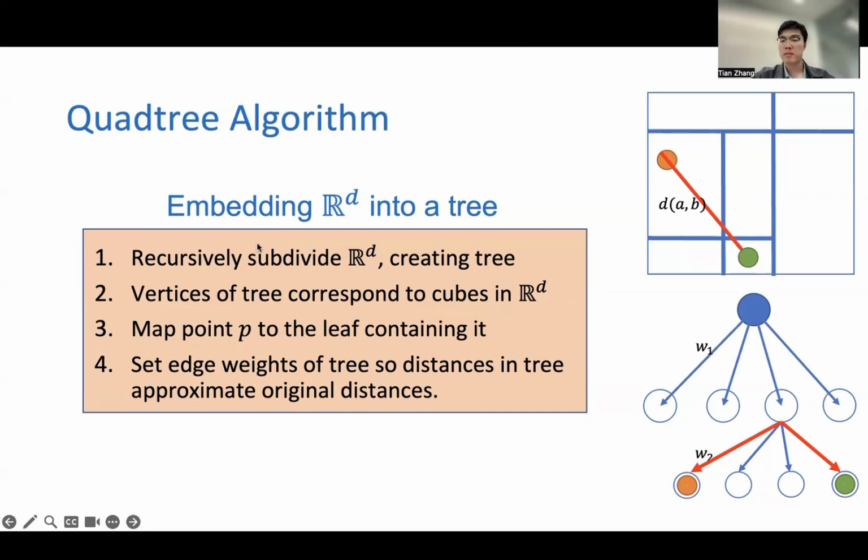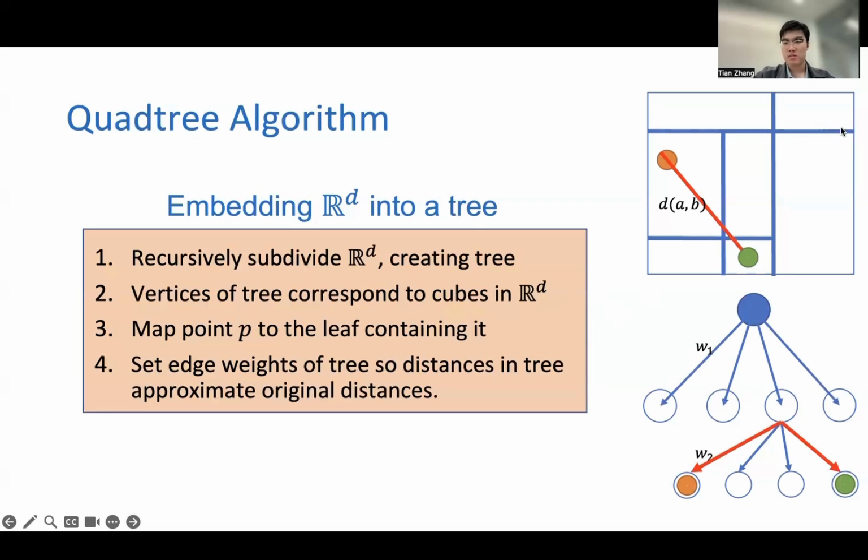Remember we are embedding L1 into a tree. First of all, we recursively subdivide the L1 space to create a tree, and each vertex in the tree corresponds to a cube in L1 space. Then we want to map the points to the leaves that contain them.